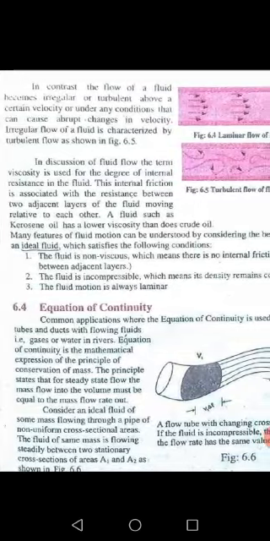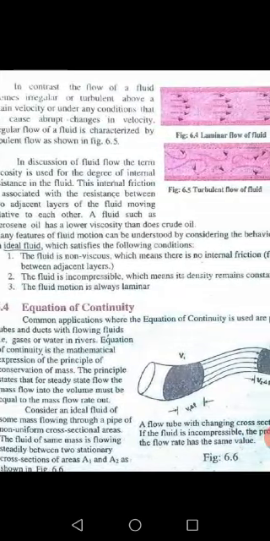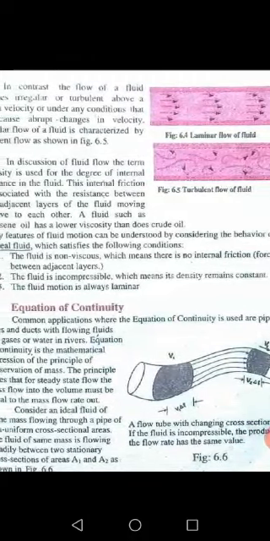One more important thing before we start our article, equation of continuity: we have to understand the ideal fluid flow. What is exactly ideal fluid flow and its conditions? There are three conditions. Number first, the fluid is non-viscous, which means there is no internal friction.